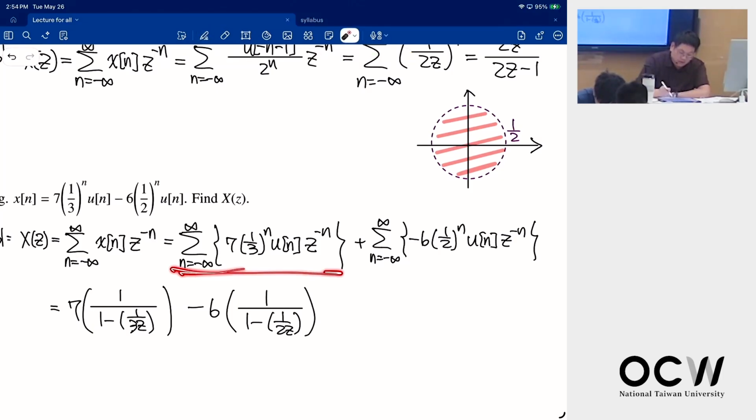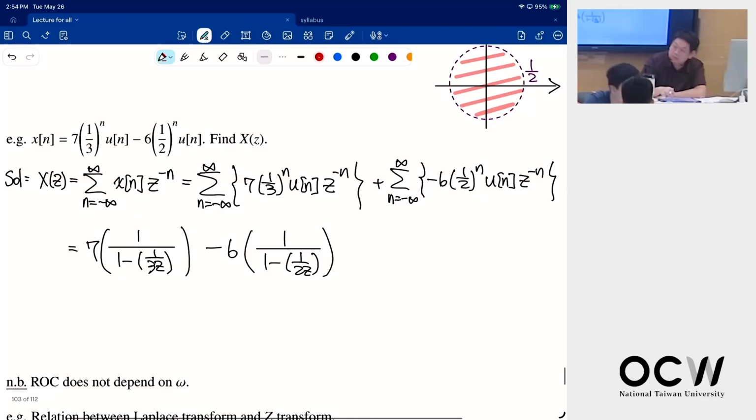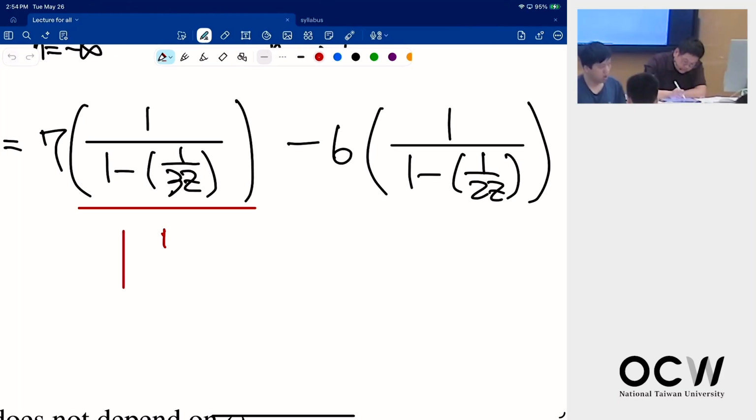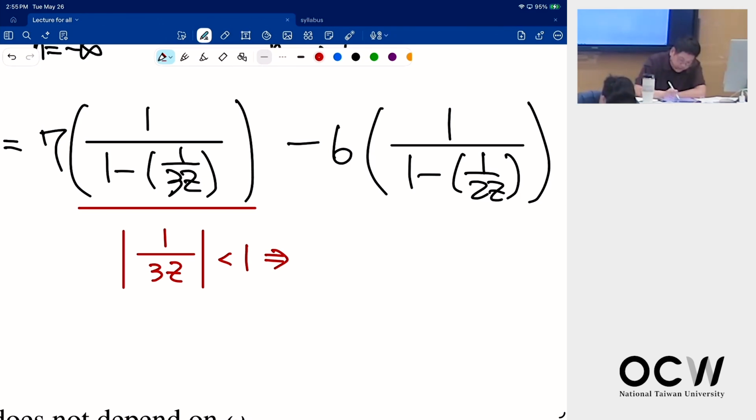Okay, so for this summation, what is the region of convergence? The ratio should be less than 1, right? So 1 over 3z should be less than 1, which means z is greater than 1/3.